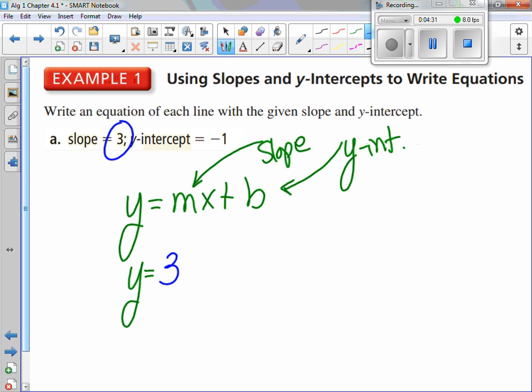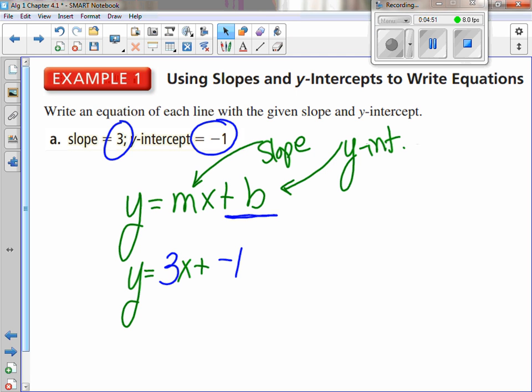So I'm going to replace m with 3, because m is standing in place of the slope. So the value of m for this equation would be 3. So we plug it in. Now the y-intercept is -1, so I replace b with -1.